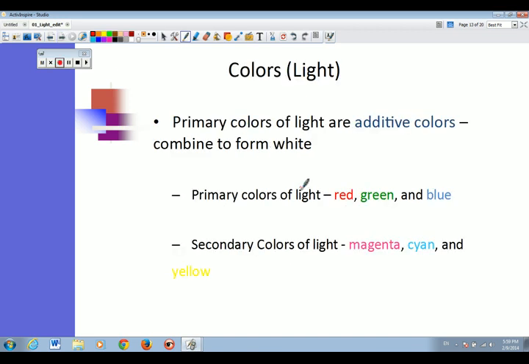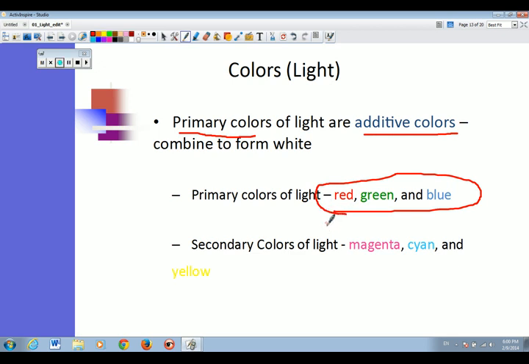Now, with light, there are some primary colors of light, and light works differently than a lot of things. Colors are additive. That means they combine to form new colors. They don't take away colors, you add. The primary colors are red, green, and blue.